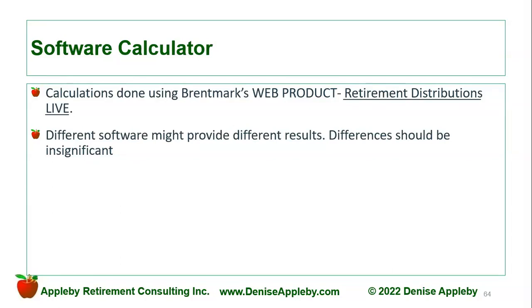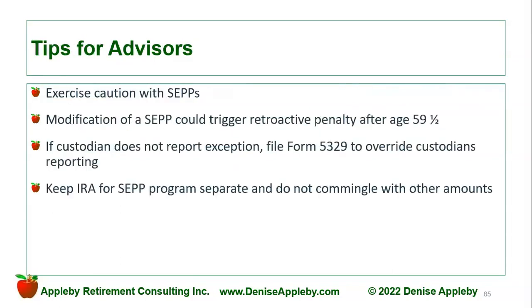That is something addressed by the IRS. So just make sure that your client talks to their tax advisor to make sure that the 72T program is well in all aspects with the IRS.